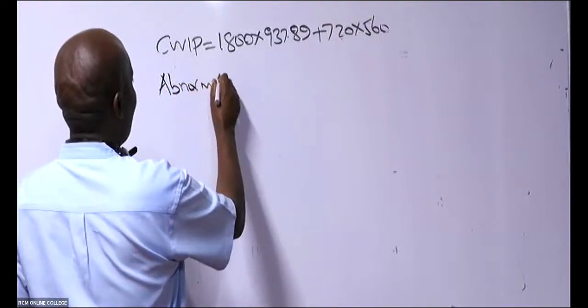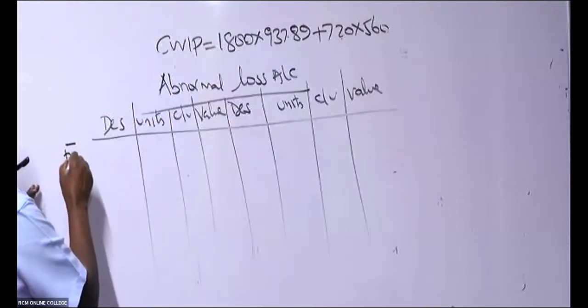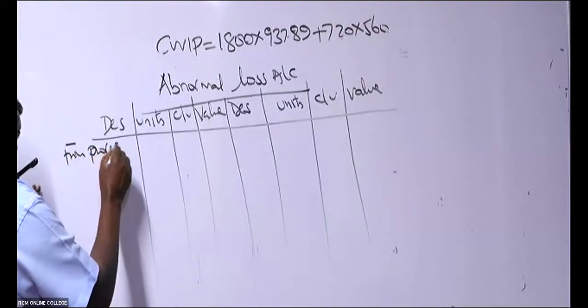So abnormal loss account is the easiest account. We have description, units, cost per unit, and then what here? Value. We say here from process account.